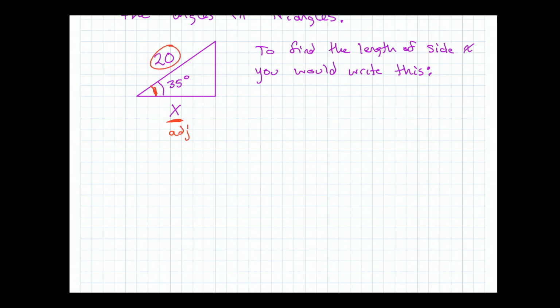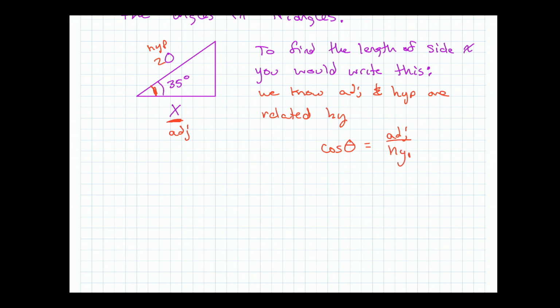And the 20 here is the hypotenuse. So we have the adjacent and the hypotenuse, and they are related by this formula. What formula? The cosine of theta is the adjacent over the hypotenuse, right?